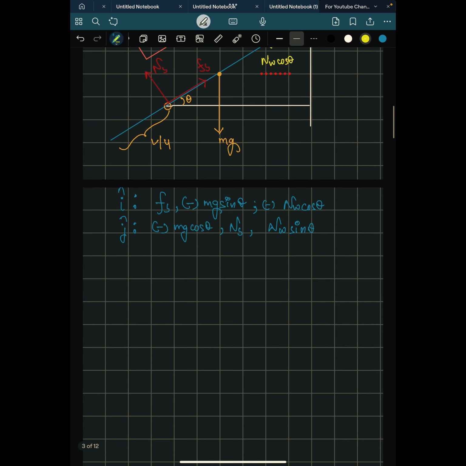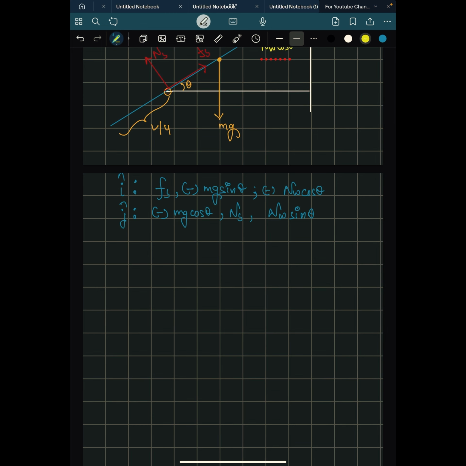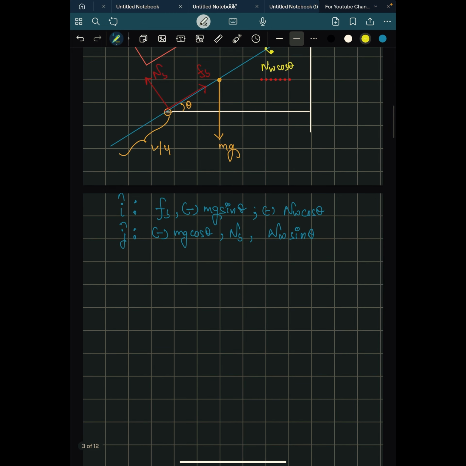Now, since the ladder is in a static position, the summation of all the forces along i cap is equal to 0, which is also equal to the summation of all the forces along j cap.